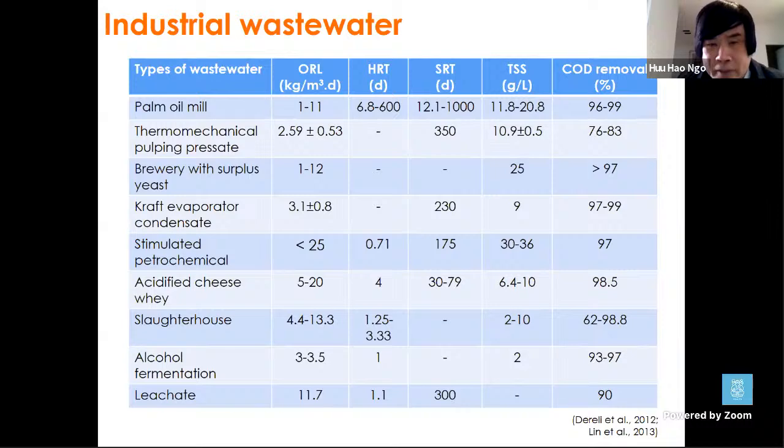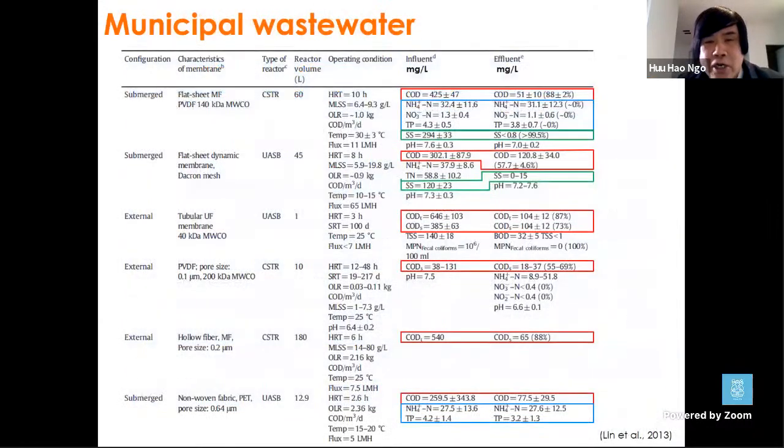All right. And then we go to municipal wastewater. For municipal wastewater, they use different configurations: submerged MBR, external MBR, the anaerobic MBR external one, and a separate one.